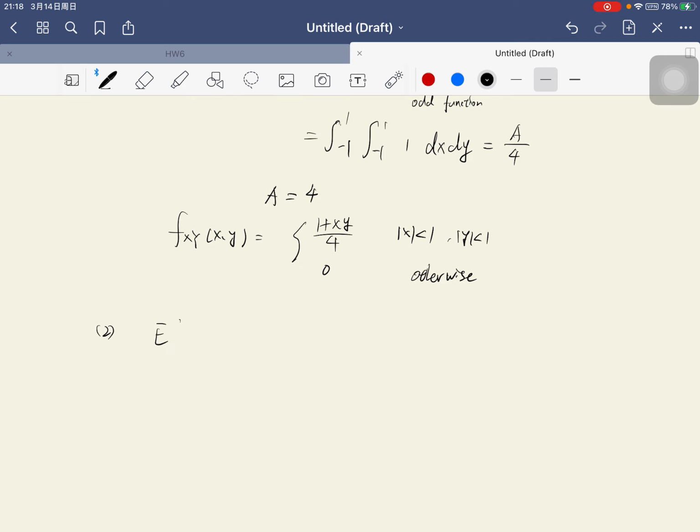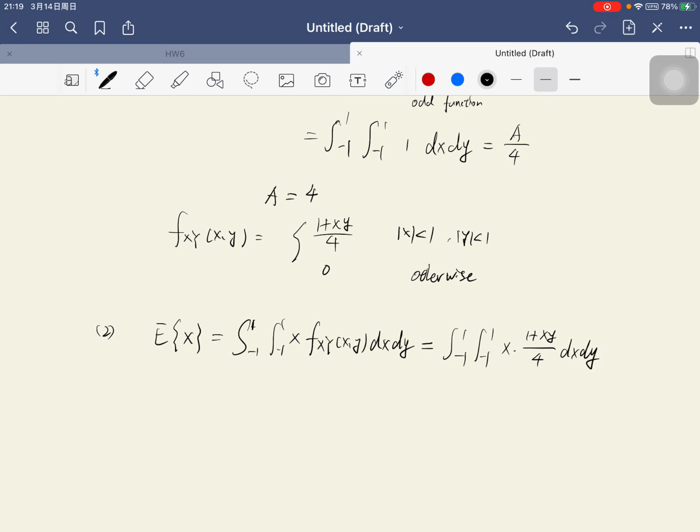The expected value of x is equal to the integral of x times f_XY dx dy, which is the integral of x times 1 plus xy over 4 dx dy.